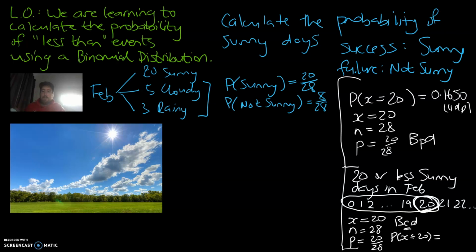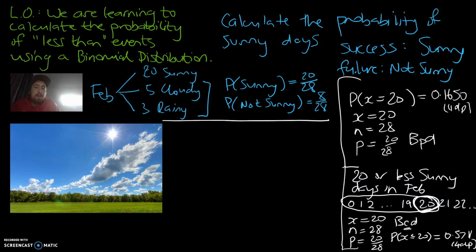If you need instructions on how to use the BCD mode of the graphics calculator, please watch that video. The probability is 0.5711, rounded to 4 dp. So we can see a big difference, and the only thing that changed was the mode and the idea that we were accumulating all of the smaller numbers below 20 as well.